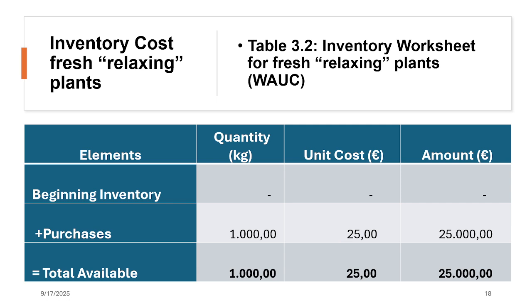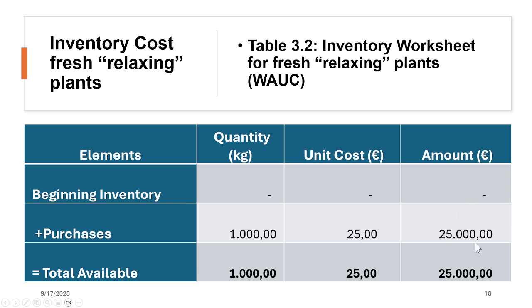And in table number 3, you see the inventory worksheet for fresh relaxing plant. Now we don't have a beginning inventory, so it is equal to 0. If you have an inventory, you have the beginning inventory plus the purchase, so this is the total quantity available for consuming or producing in the next step.